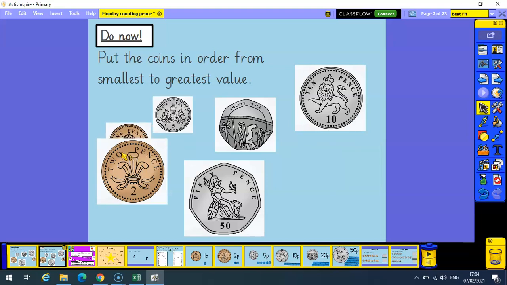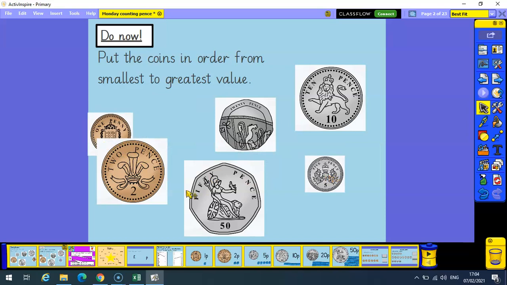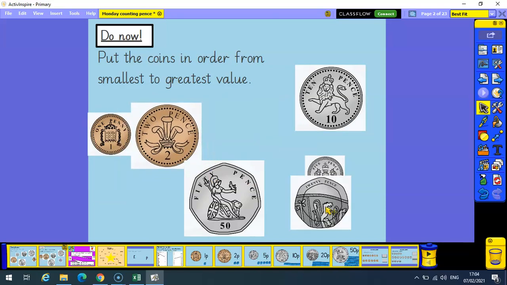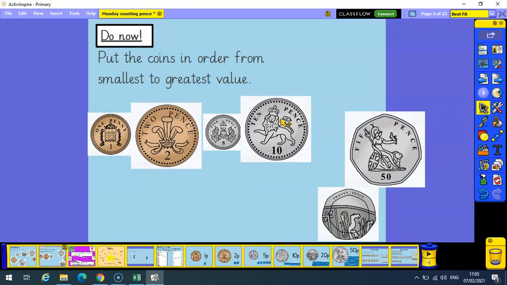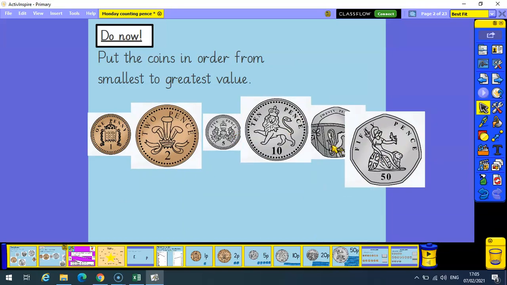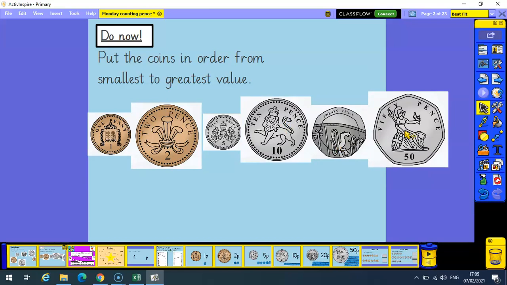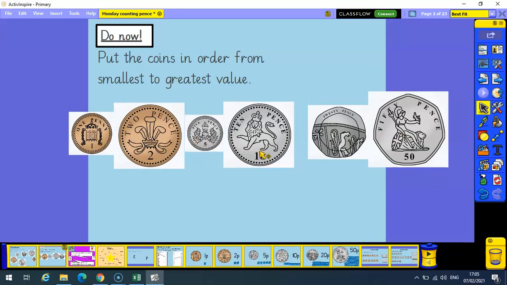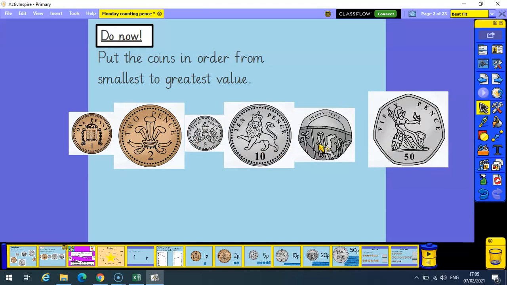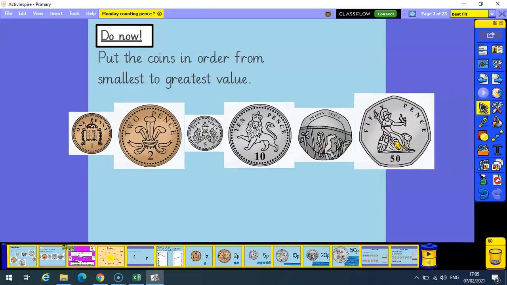So we start with 1p, 2p, then 5p, then 10p, then 20p, and then 50p. Or 1 penny, 2 pence, 5 pence, 10 pence, 20 pence, and then 50 pence. Did you get that in the right order?